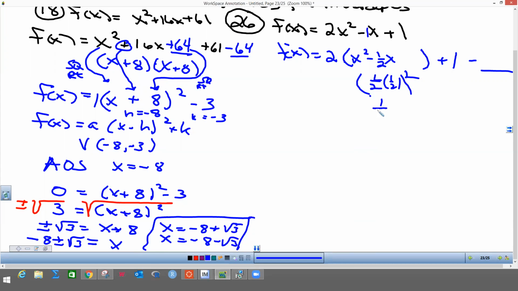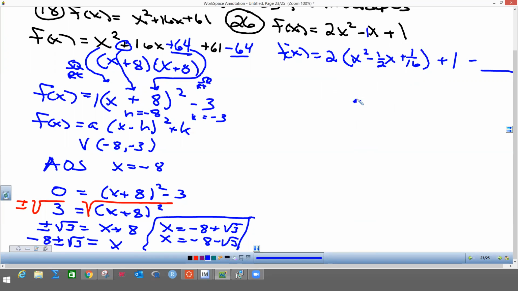So this is 1/4 squared, which is 1/16. So I have to add 1/16 right here. So I tried to pick one of the hardest problems to do for you to help you out with this. Some of them, a lot of them don't have any fractions, but I wanted to do a hard one. Now, this is also very difficult.